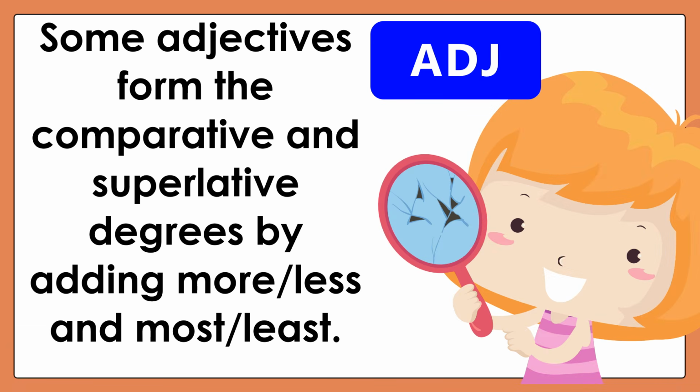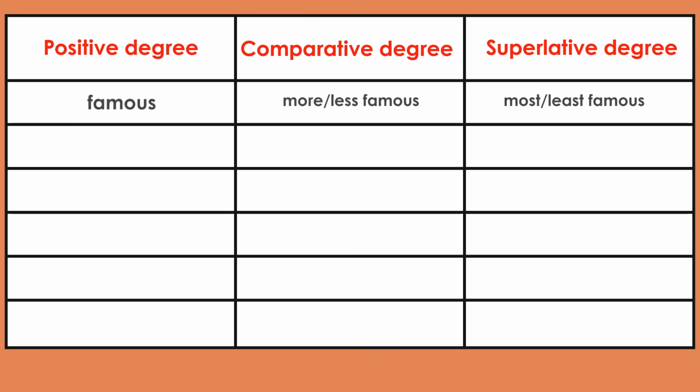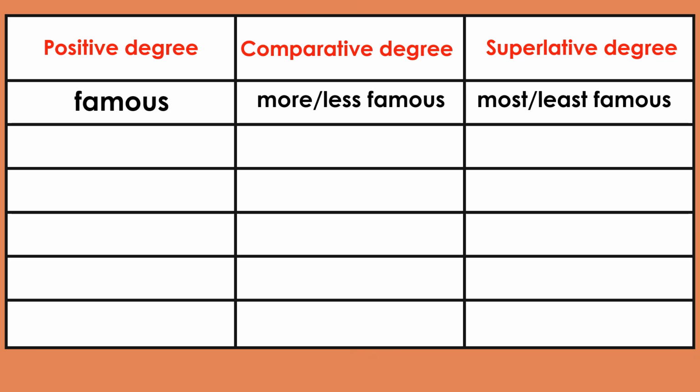Some adjectives form the comparative and superlative degrees by adding more or less and most or least. Famous, more famous, less famous. Most famous, least famous.